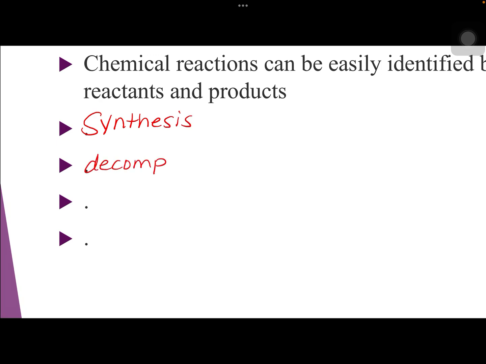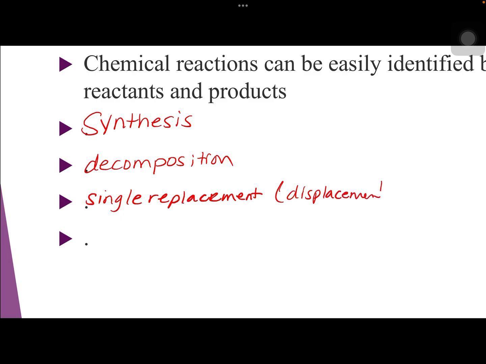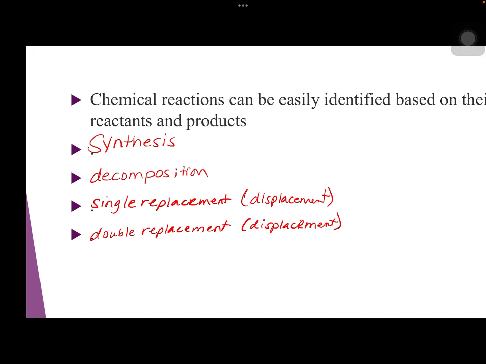The first one we'll look at is synthesis, decomposition, single replacement, which sometimes you will see as single displacement, same deal, and then double replacement or double displacement. I tend to use the word replacement, and the Regents tends to use the word replacement. Sometimes, though, if I'm using materials from other sources, they will say displacement, but it refers to the same thing.